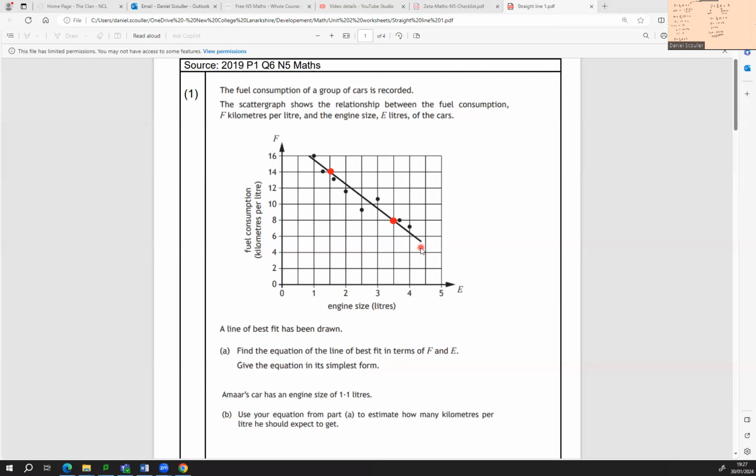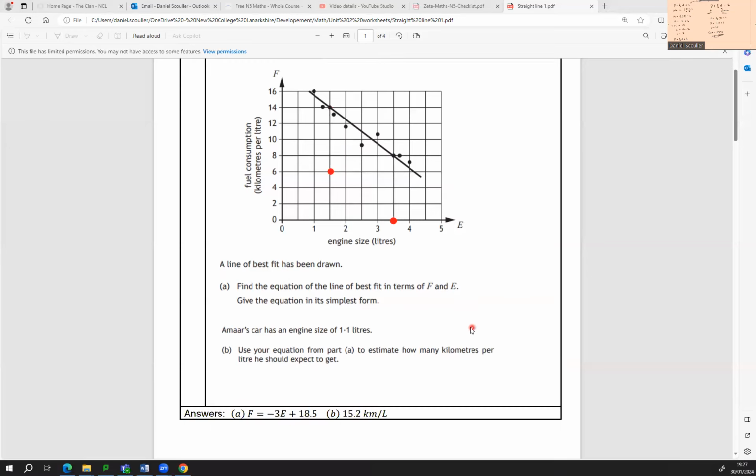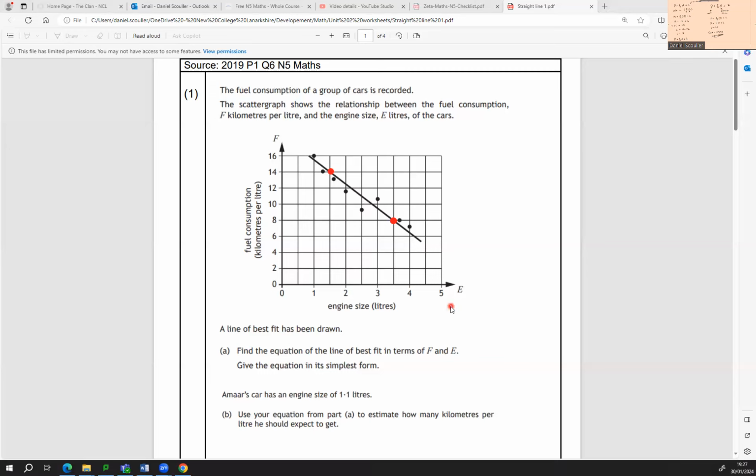At this stage, sub in our coordinate: 14 equals negative 3 times 1.5 plus c, and then rearrange for c. Again, c is 18.5.